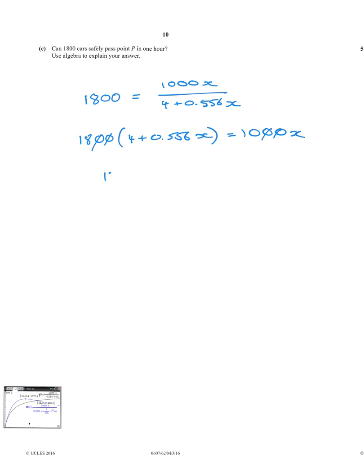18 times 4 is not 10, it's 72, plus 10.008x, and that equals 10x. Now, that means I've got 72 is equal to minus 0.08x.